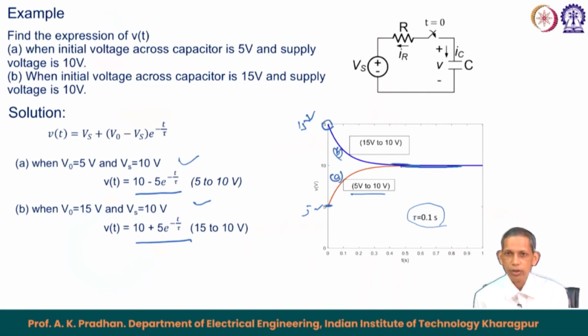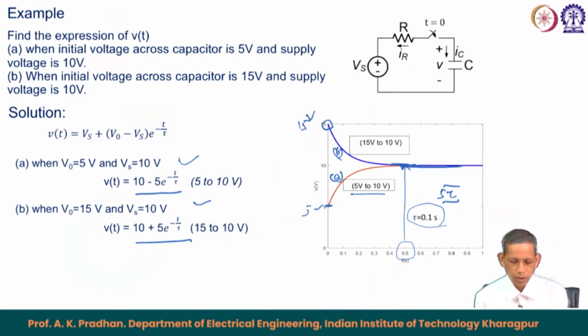Another thing we notice here, as already mentioned for the time constant: if we consider 5 tau, the corresponding steady state is within a range of 1%. So, 5 tau means this corresponding 0.5. If you see here, the values almost settle to the steady state value.